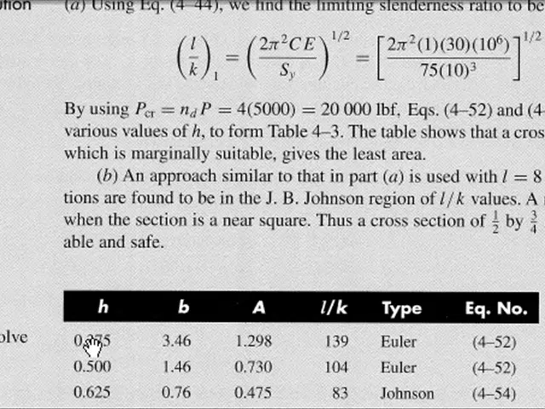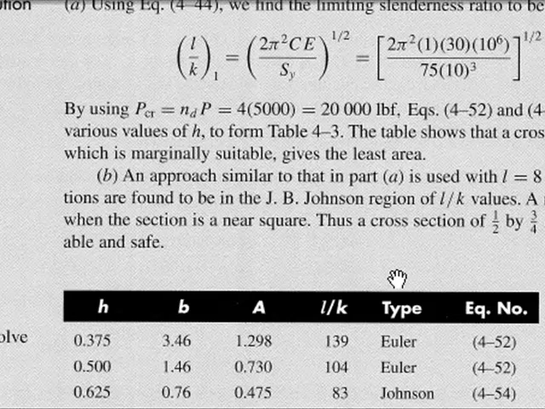and then use either Euler or Johnson to do design. In this case, we may have guessed Euler and gotten a b of 3.46. And then when we plug in both h and b, we get a slenderness ratio of 139, and that confirms Euler. Then we get an area of 1.298. Now we made another guess for h. We may have used the Euler formula, customized for design, to get this value of b, and find the L over k.